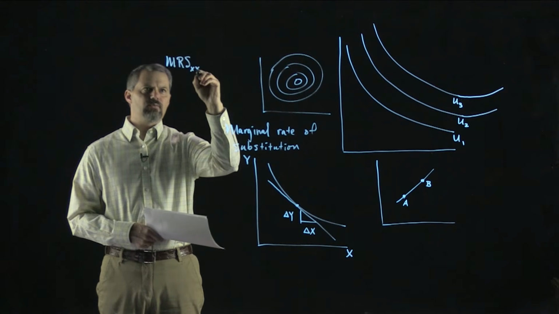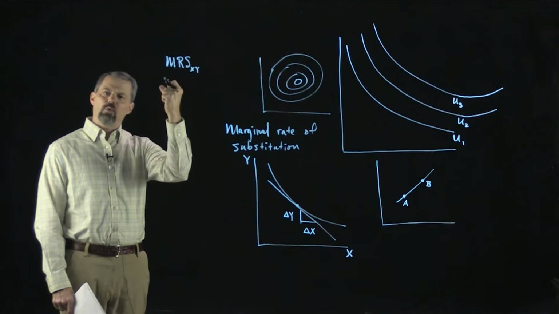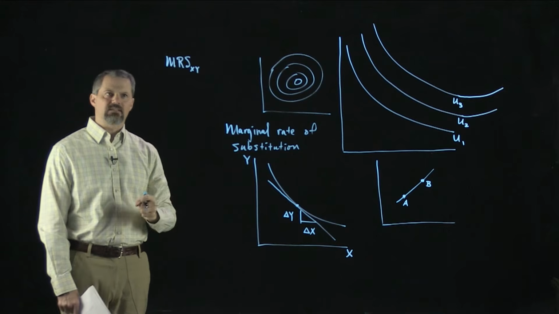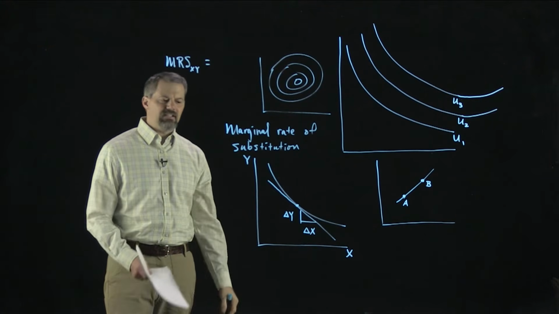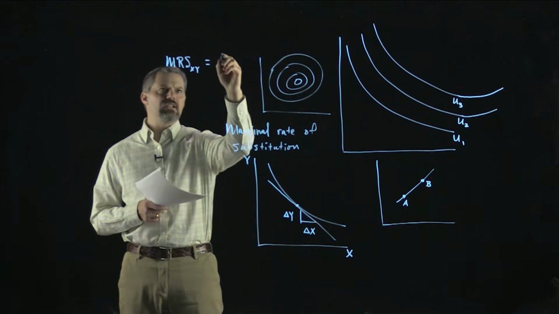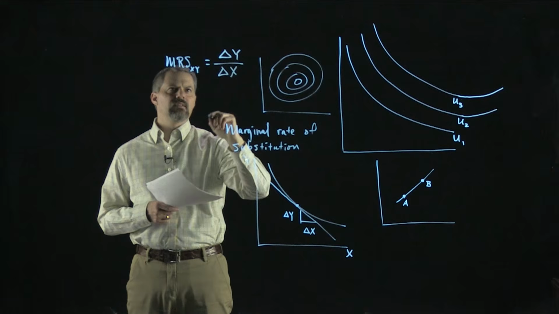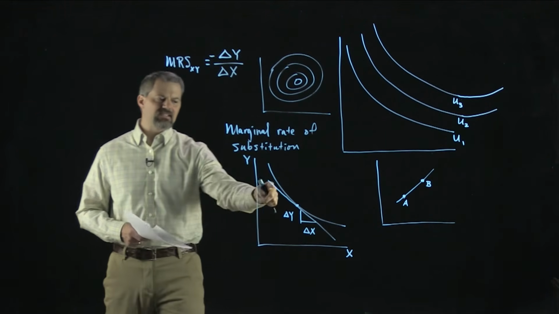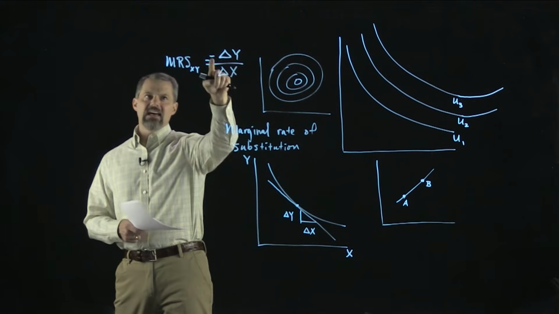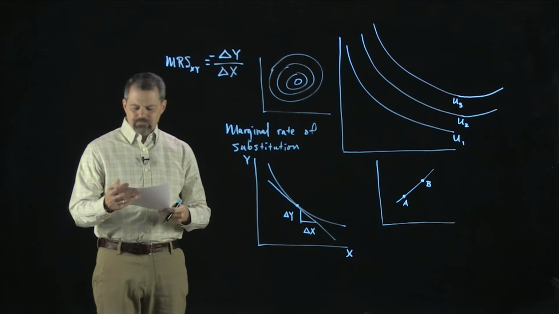We say the marginal rate of substitution of good x for y. We're taking y away and giving them good x, and it's going to be equal to the slope of that indifference curve, which is the change in y over the change in x. We typically put a negative sign out in front of it because this has a negative slope, and that negative is going to cancel it out and make it a positive number.